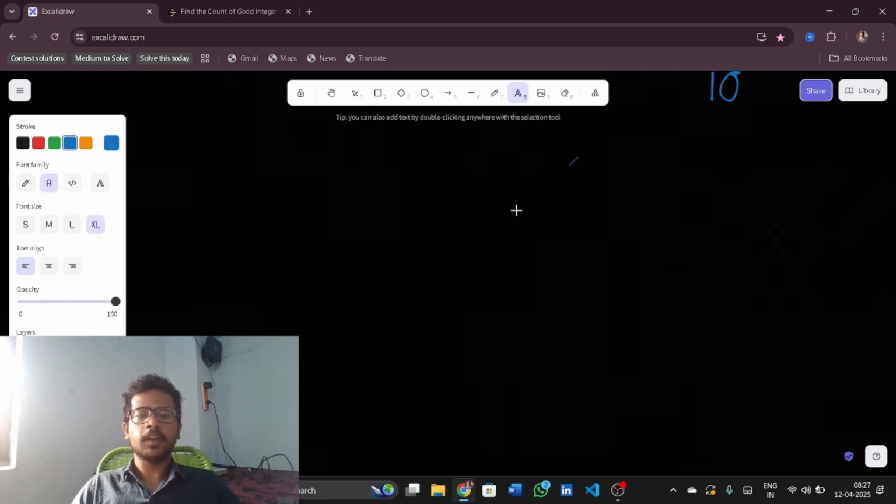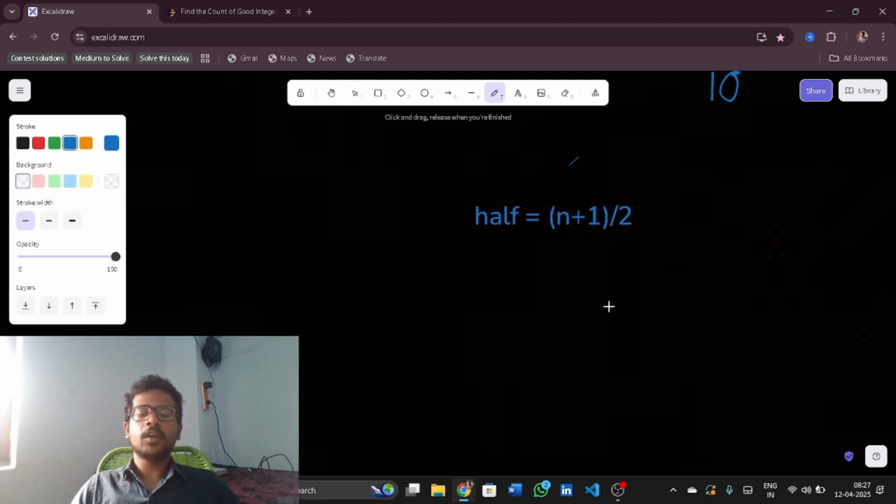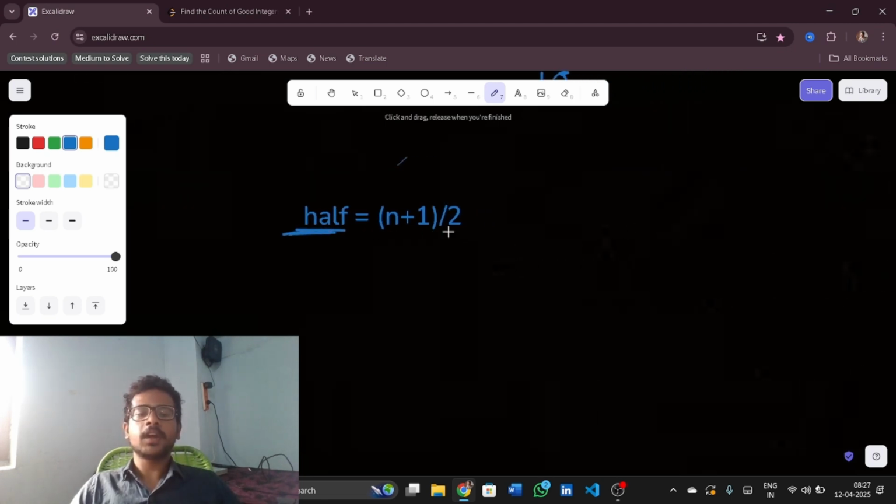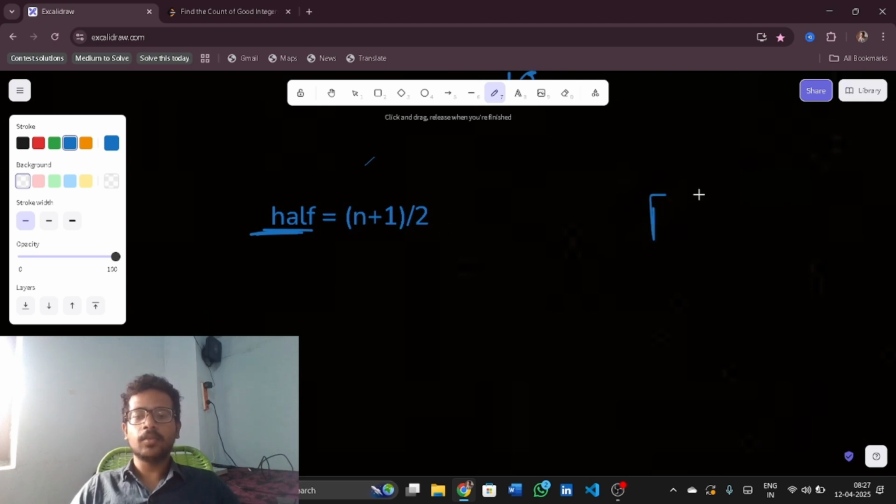Here, half is the size, n by 2, and instead of handling odd and even separately, I place it as (n plus 1) by 2 for half. Now, the algorithm goes only till half. It places only 3 digits, and I have another 2 digits here.